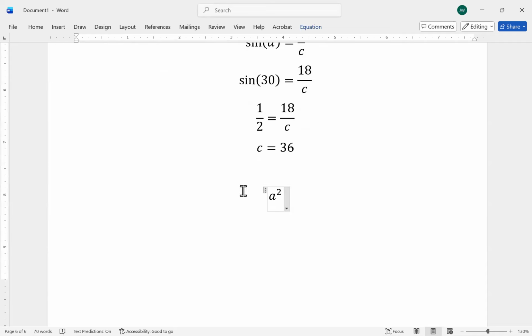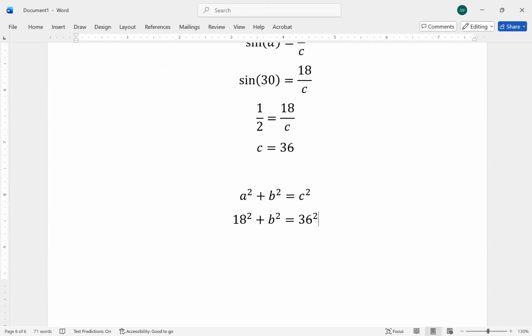The Pythagorean theorem says A squared plus B squared is equal to C squared on a right triangle. A here in this case is 18. B is the unknown that I don't know. C I now know is 36.